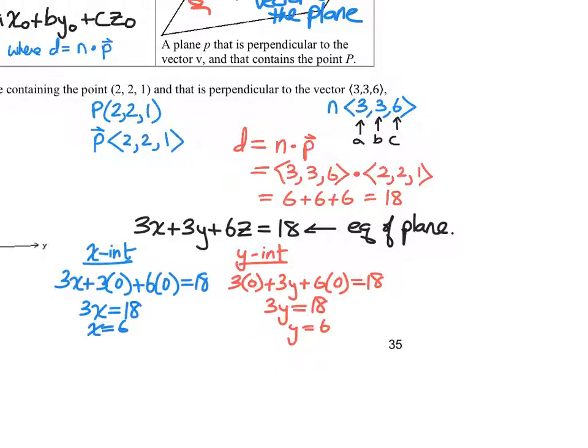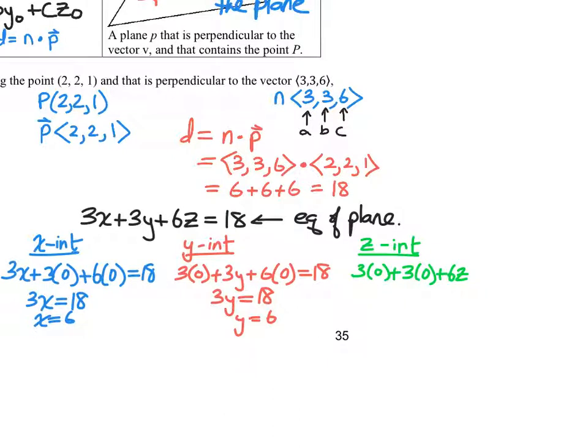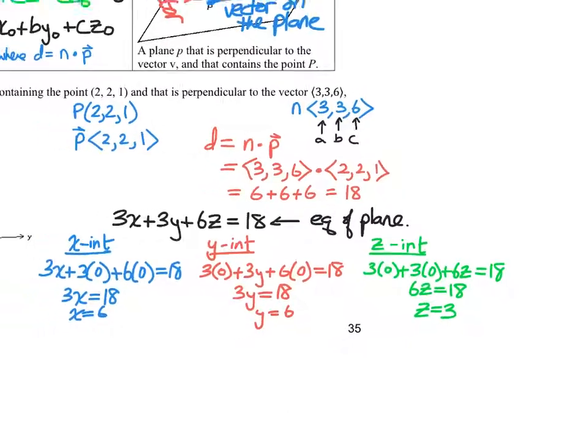You just let the other variable equal 0. Here you just have a couple of other variables. So the z-intercept, let x and y equal 0, and you get your z-intercept.